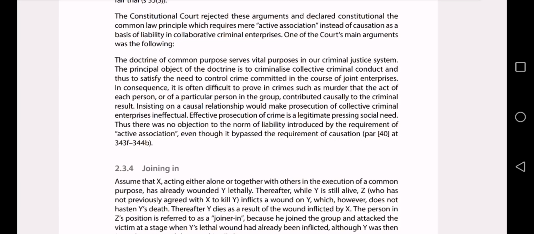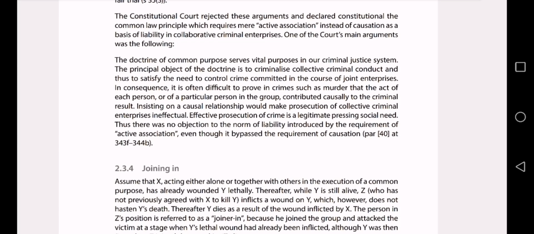In consequence, it is often difficult to prove in crimes such as murder that the act of each person, or of the particular person in the group, contributed causally to the criminal result. Insisting on the causal relationship would make prosecution of collective criminal enterprises ineffectual.